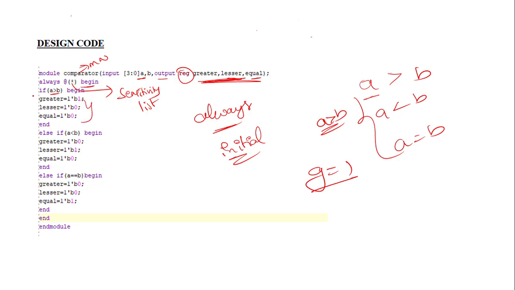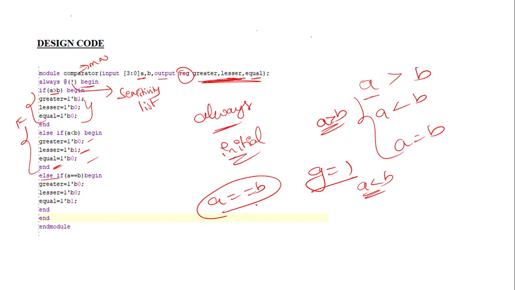Then this if condition is closed, and else, if it is false, it comes to this block: A less than B. If A is less than B, we make the lesser value equal to 1, and the remaining two will be 0. Followed by another else if condition, A is equal to B. If A equals B, then the equal value is going to be 1, and the remaining are going to be 0.